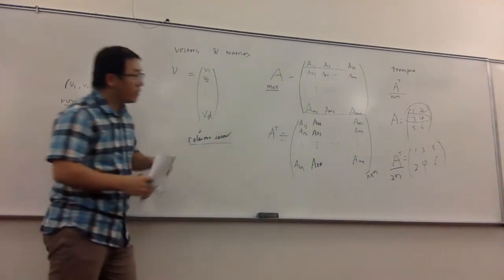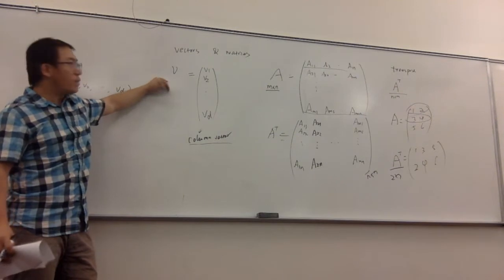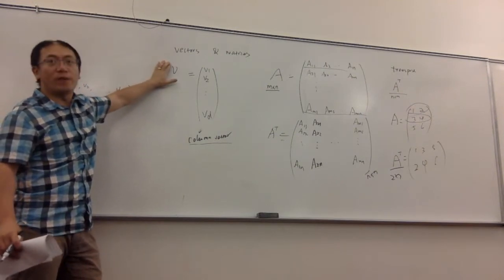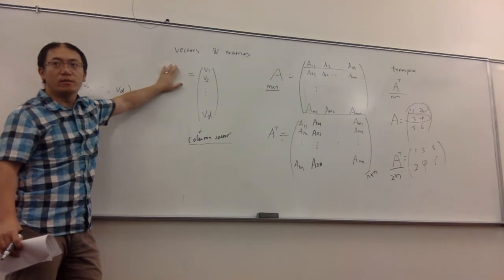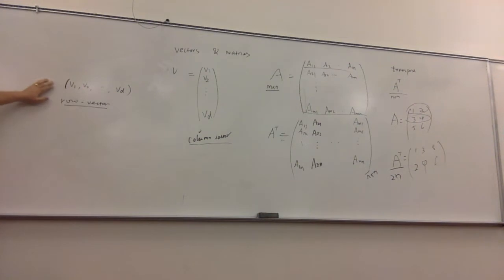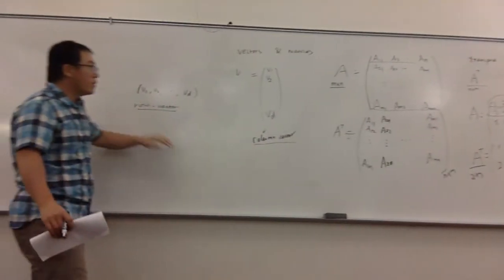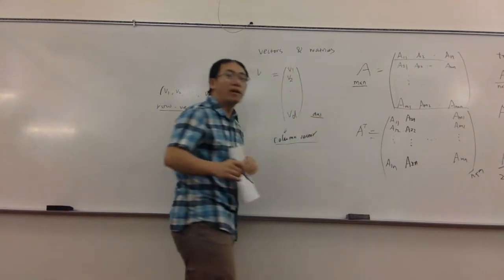And now let us try to apply the transpose over vectors. So if I apply the transpose operation on a column vector, then what do we end up with? Row vector. Yeah, a row vector, right? A column vector is essentially a d by 1 matrix, right?